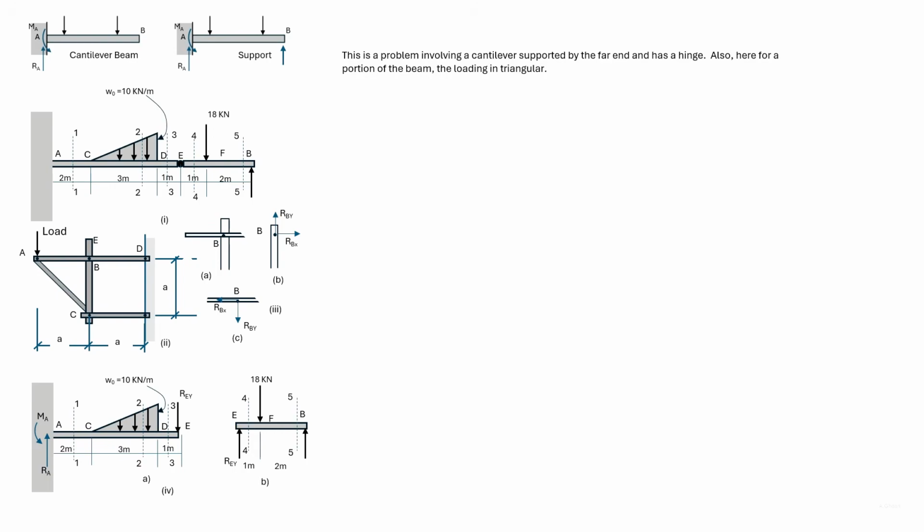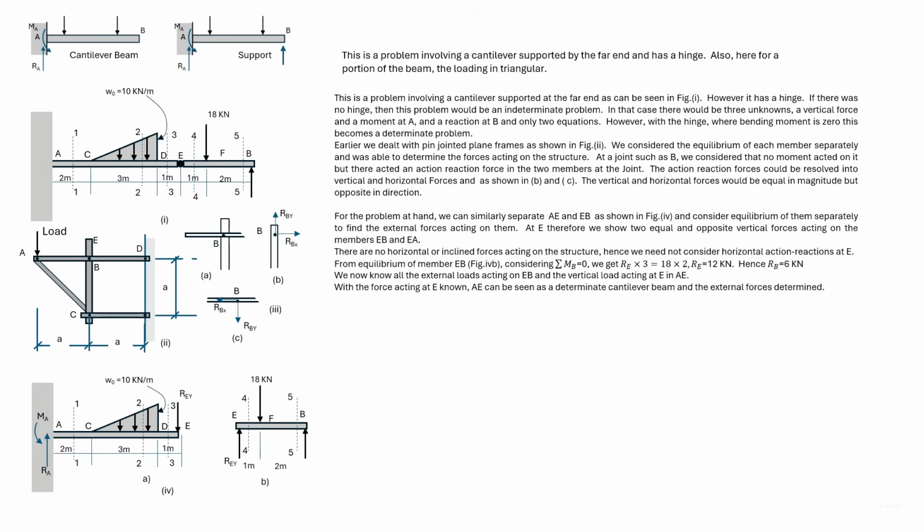On the whole, due to the hinge, we have added one unknown, but we have also added two extra equations. As we did in the case of a plane frame, we'll now consider the equilibrium of EB separately.